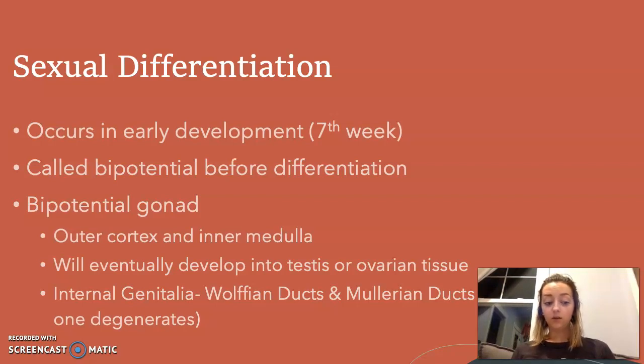In the embryo, there is a bipotential gonad that consists of an outer cortex and an inner medulla. If the embryo is female, the cortex will develop into ovarian tissue. If the embryo is male, the medulla will develop into the testes. The bipotential internal genitalia consist of the Wolffian ducts and the Mullerian ducts, and depending on the gender of the embryo, one duct will degenerate and the other will continue developing, which I will talk about in a second.